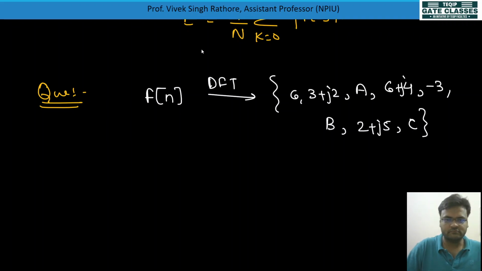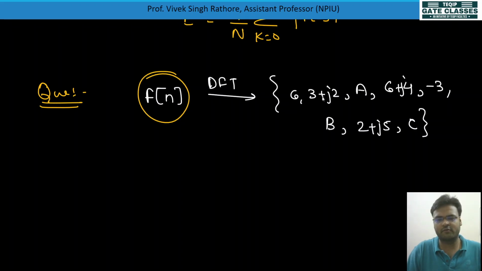So suppose f of n is having a discrete Fourier transform like this. A, B, C is something we'll calculate, no problem with that. But see, where f of n is some real valued signal, you need to find the energy.